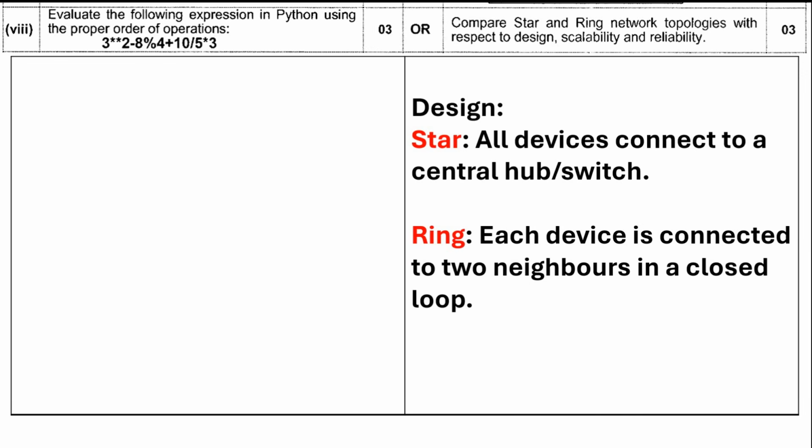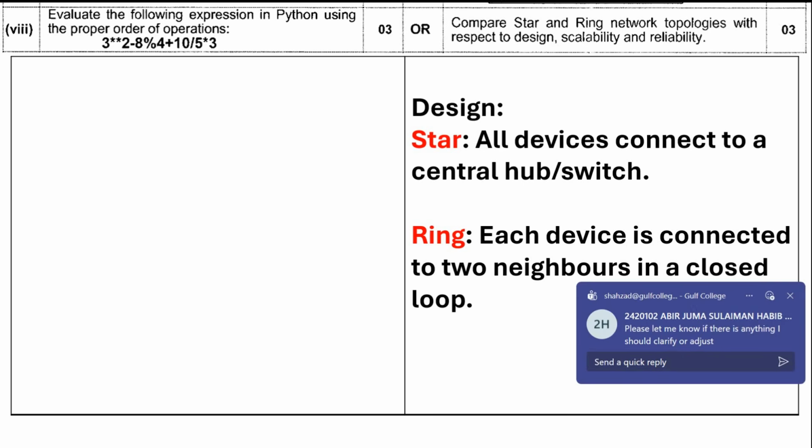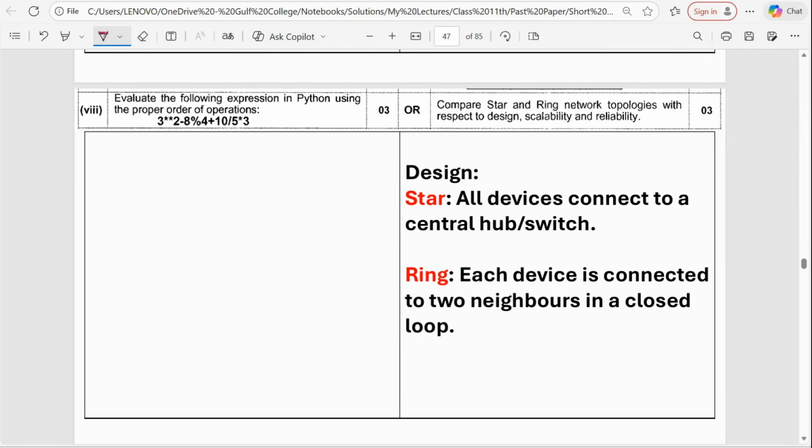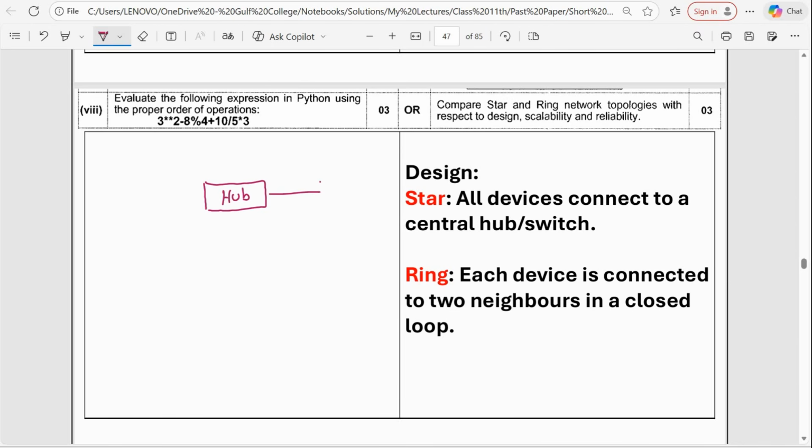In case of ring, each device is connected to two neighbors in a closed loop. For example, there is a central hub and here you connect computer 1, computer 2, and then computer 3, and in this way you can attach computer 4.